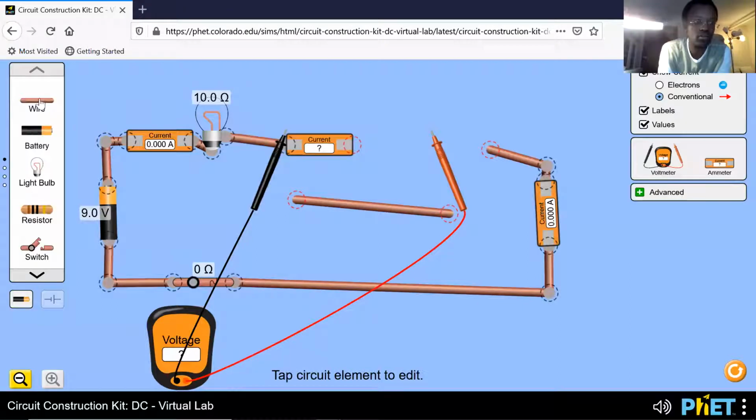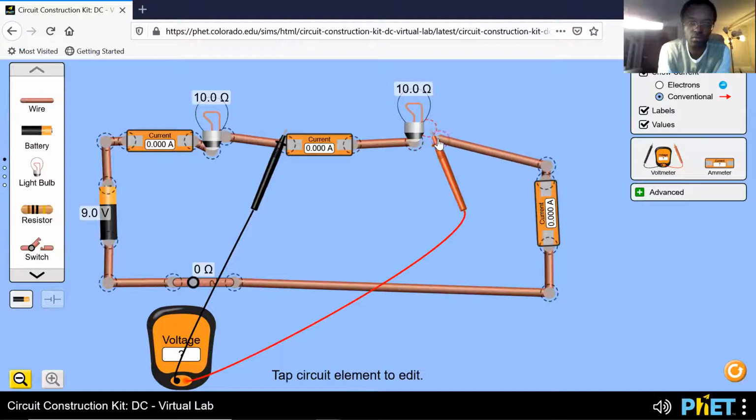And now another one. And then the last light bulb. Do you see that the current is everywhere the same? The current is everywhere the same in the circuit.